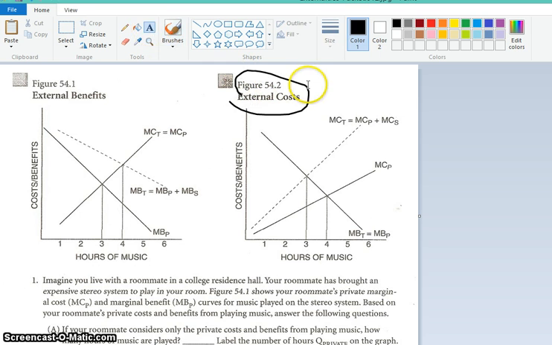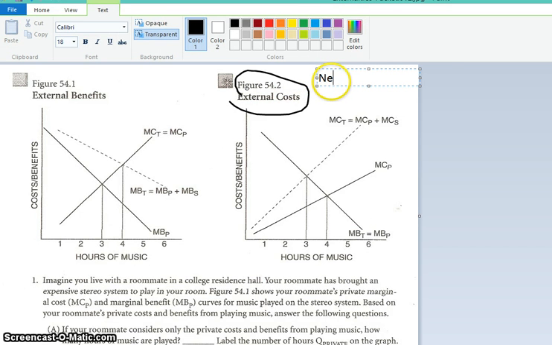So over here you have a negative externality. And over here, where you have extra benefits, this is your positive externality. We're going to focus on this one first, I believe.